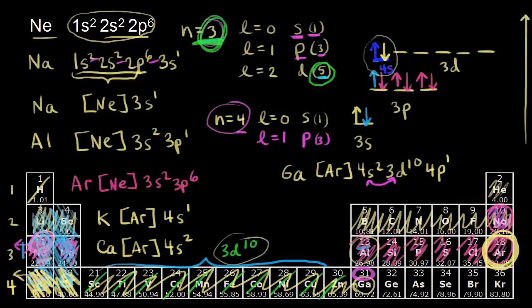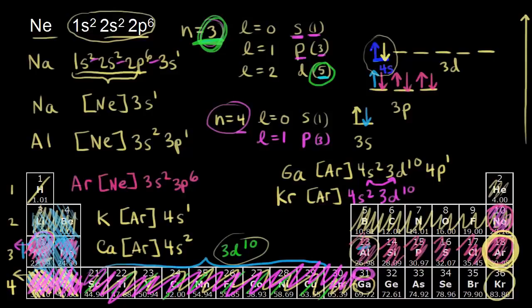All right, finally let's do krypton here. So our last electron configuration here. The preceding noble gas would be argon. Let me use a color that we can see here. So argon would take us to here, and then we have 4s2, so we fill 4s2, and then we have all of our d orbitals here, so 3d10 takes us to here.